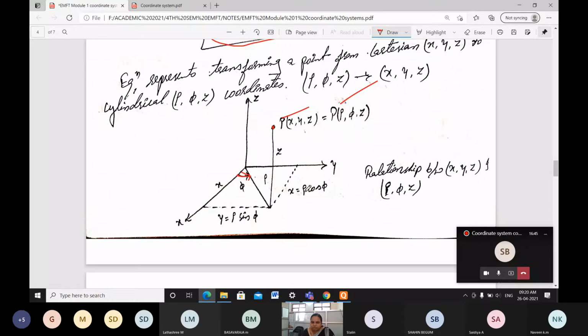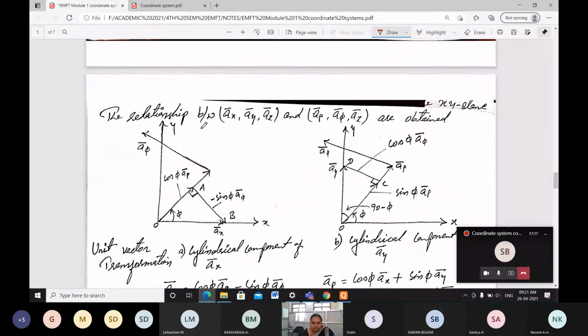Then x is equal to rho cos phi of this distance. You can write sin phi is equal to opposite, this whole distance being y, and the adjacent is x. Same thing, cos phi is x divided by rho. You can write it any way, but just remember here y is rho sin phi and x is rho cos phi.